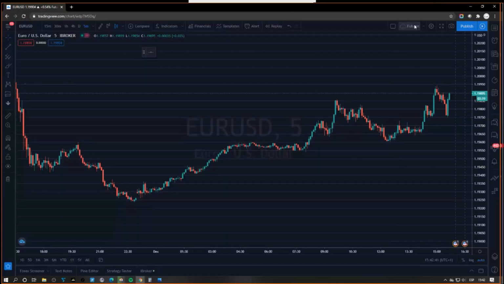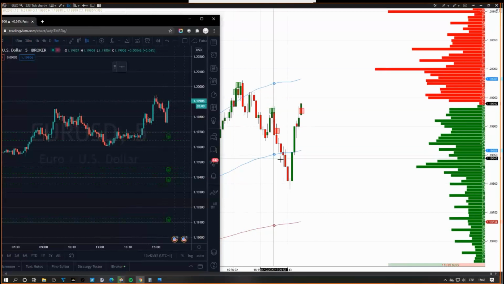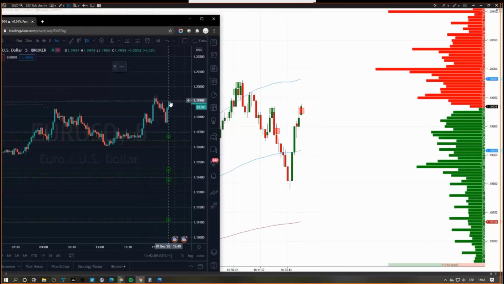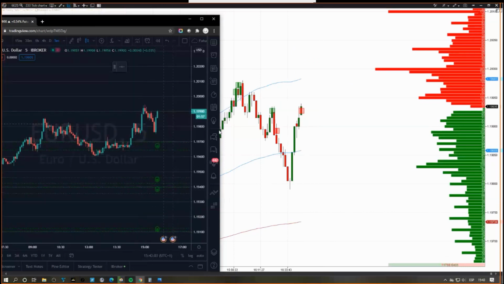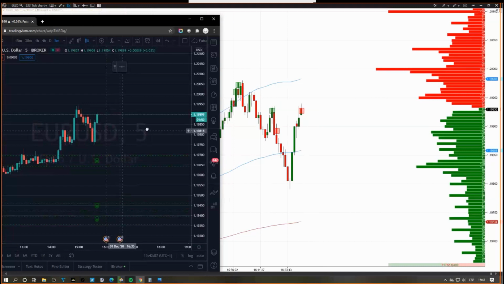Here is a 5-minute chart on the euro, but you can see how they look a lot alike. They are almost the same thing. The movement is the same. You will see it going up or down at the same time. If we focus, for example, on the last candle, you will see that they move pretty much alike.